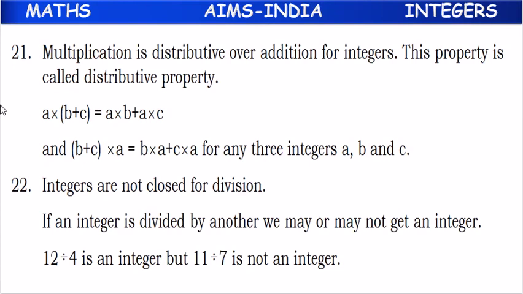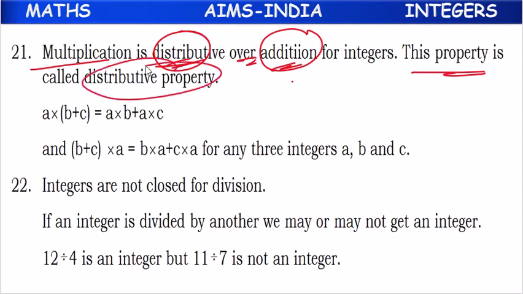So here, multiplication is also distributive over addition. This property is called the distributive property. It means a into (b plus c). Here we have product and addition.